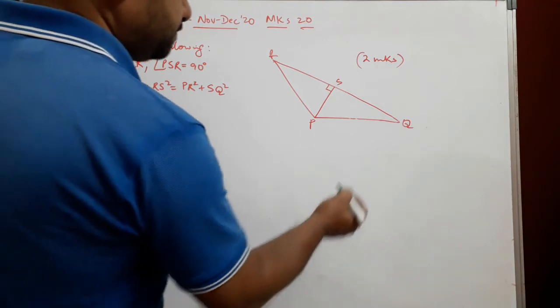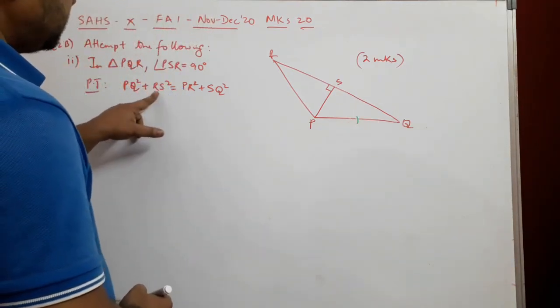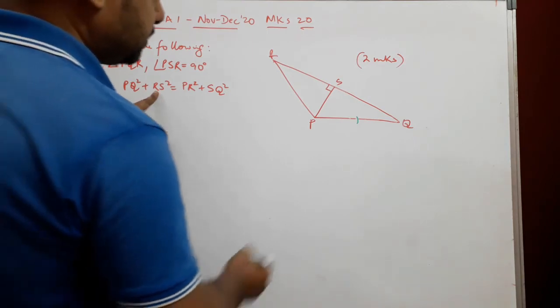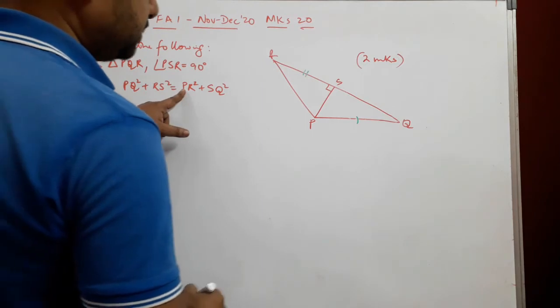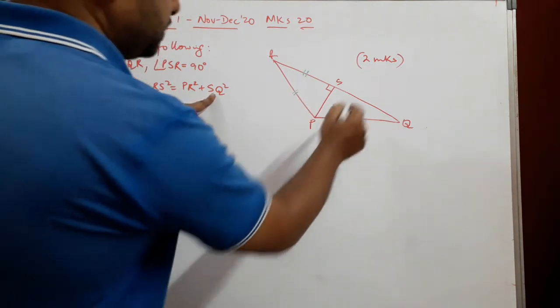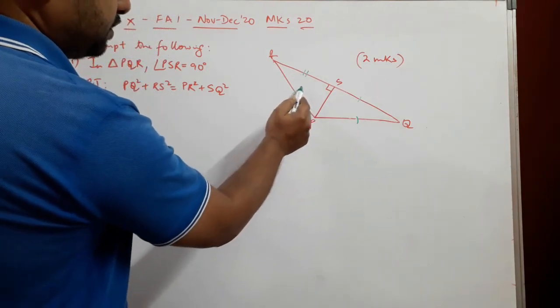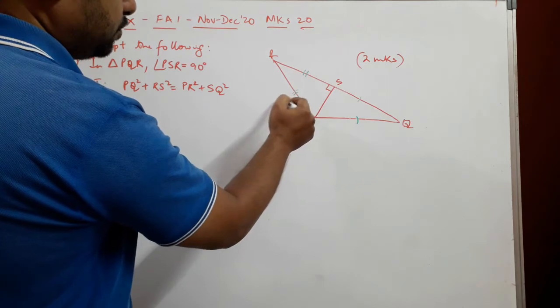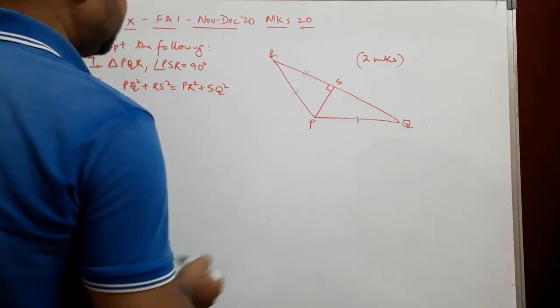PQ square is this one. Then RS square is over here. I'll mark it separately. PR square is over here. I'll mark it this way. And SQ square is here. The reason why I mark them separately, if you notice, there are 2 lines for both of these and a single line, doesn't mean that they are equal.